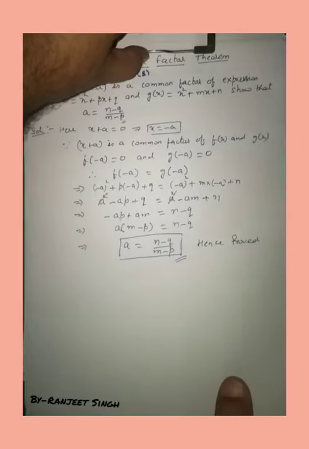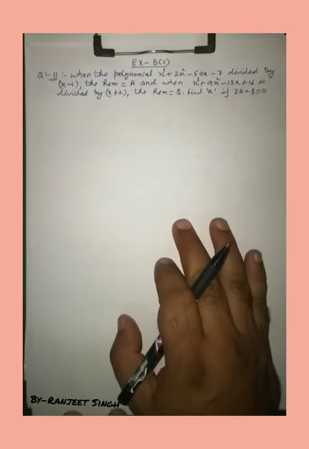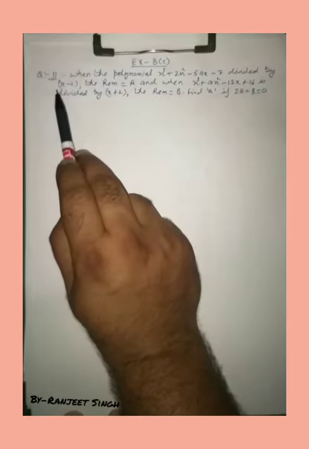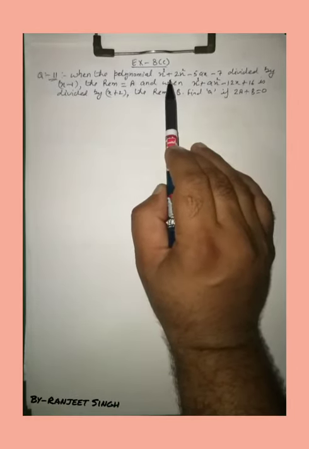Now I'm taking one more question from your next exercise 8c. I'm taking question number 11. The question says when the polynomial x cube plus 2x square minus 5x minus 7 is divided by x minus 1, the remainder is a, and when x cube plus ax square minus 12x plus 16 is divided by x plus 2, then the remainder is b.